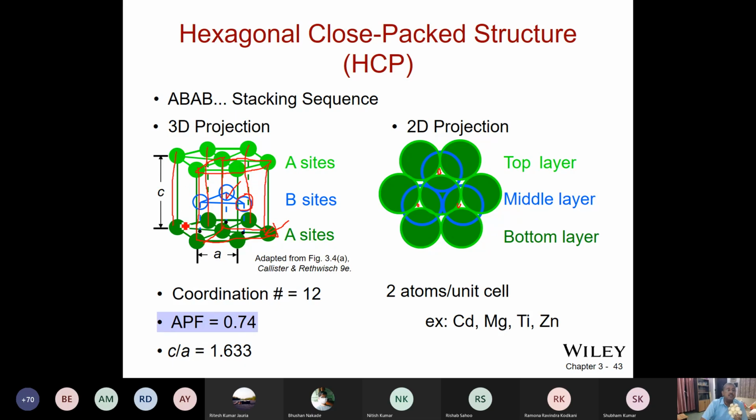Just above its corresponding dark green atom, just like that. So what I did, this one matches with this. Looking at it, you can see it. Does it look like a close packed hexagonal structure? Hexagonal close packed is synonymous.